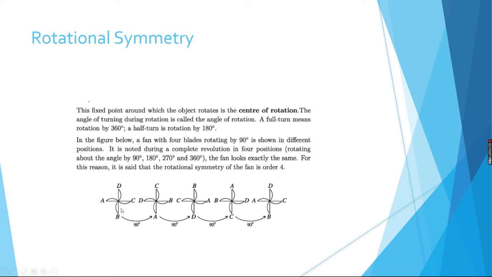What is order? If you rotate, this A point will come again after 4 rotations. After one rotation it comes at this point, after 2 rotations it comes at this point, and after the third rotation it comes at this point, and at the very last it gains its previous position, that is the first position.